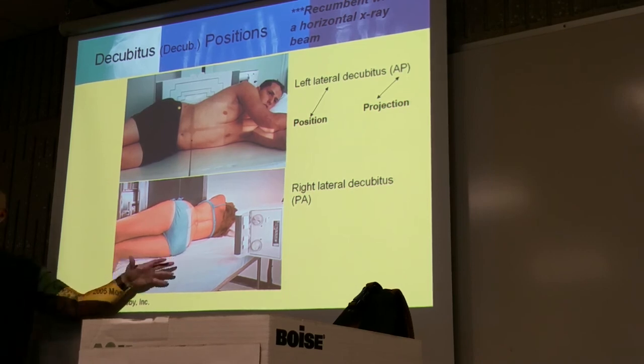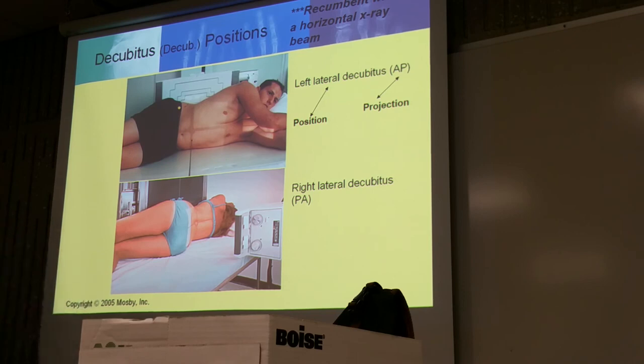Any questions? Okay, so remember, this is the most key important part. Decubitus means the patient is recumbent with a horizontal beam. It doesn't apply to anything else. Now here's the third nuance.